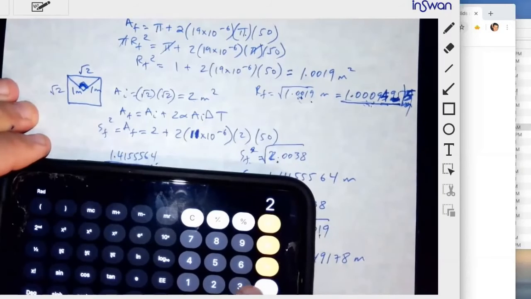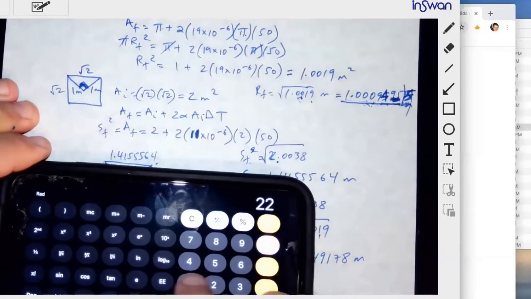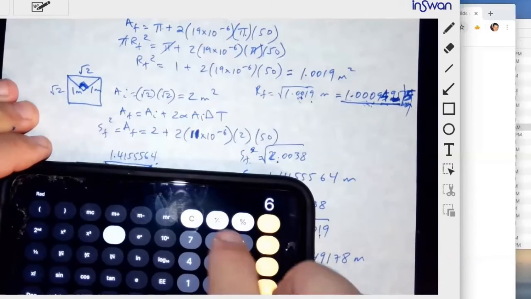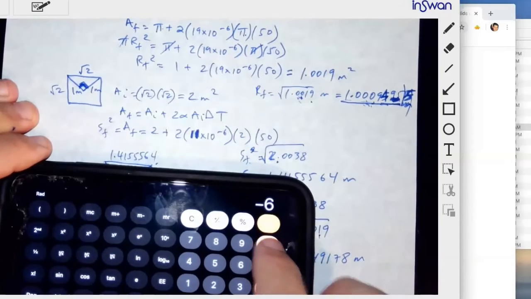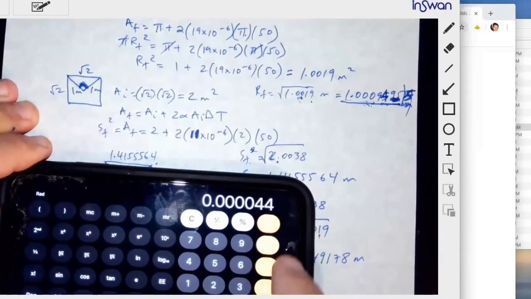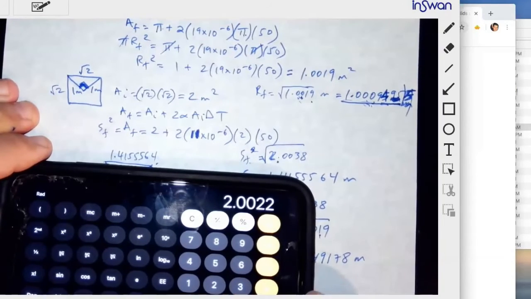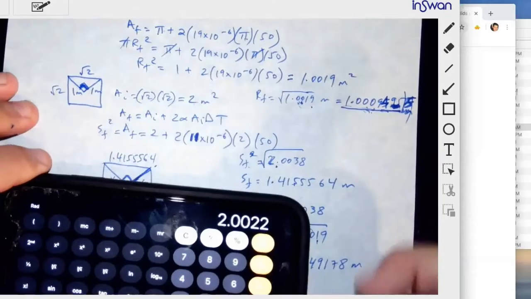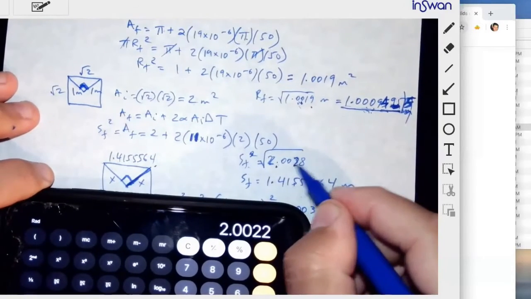Two plus 2 times 11 times 10 to the power negative 6 times 2 times 50. Okay, so this became 2.022.